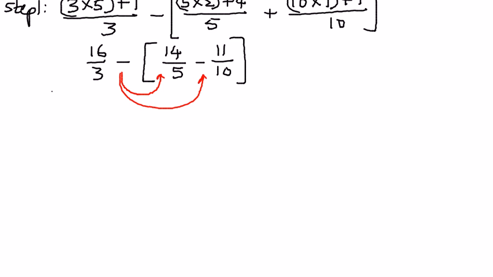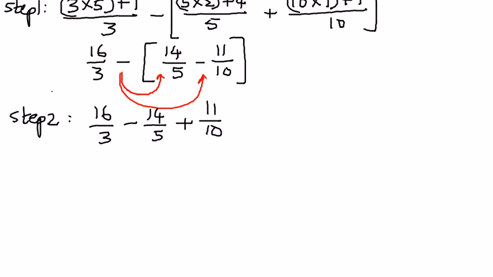So when we expand it out, we'll write one other step in here and say 16 divided by 3 minus 14 over 5 plus 11 over 10. Negative times positive is a negative, negative times negative is a positive. So that is how we want to write it out in its simplest form, like that.